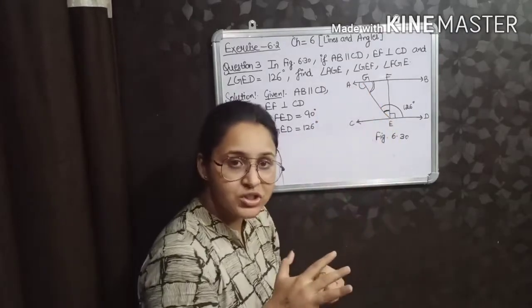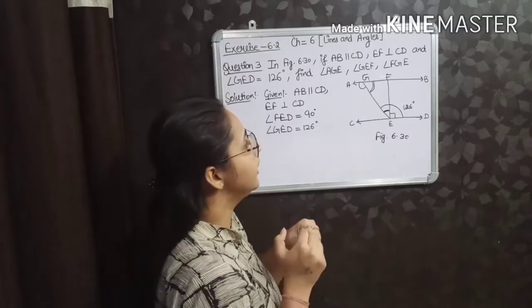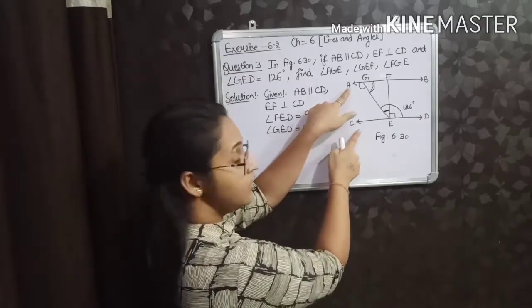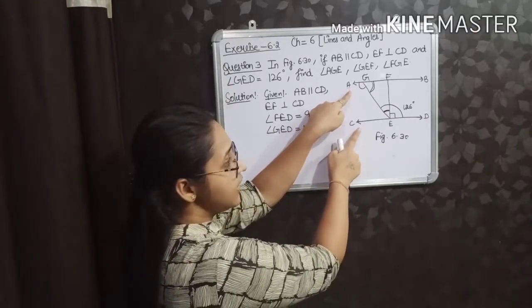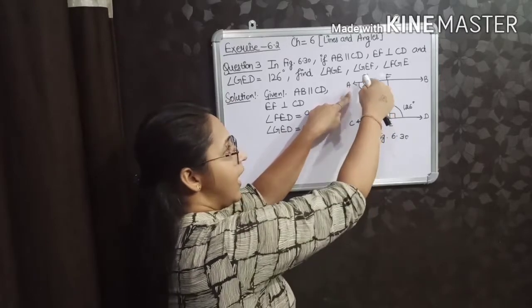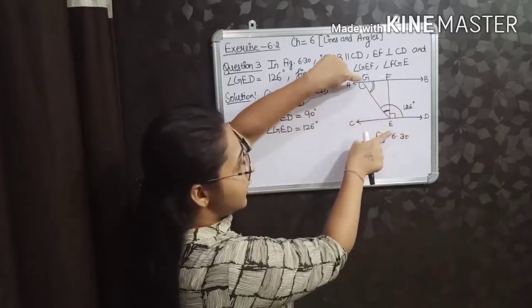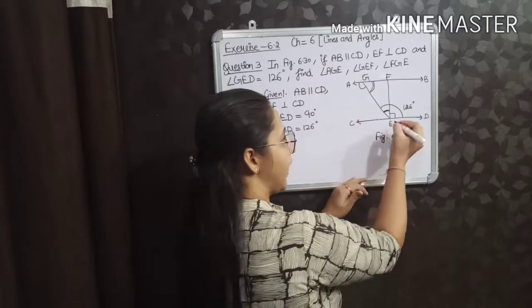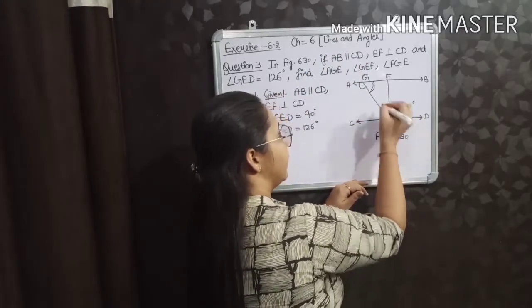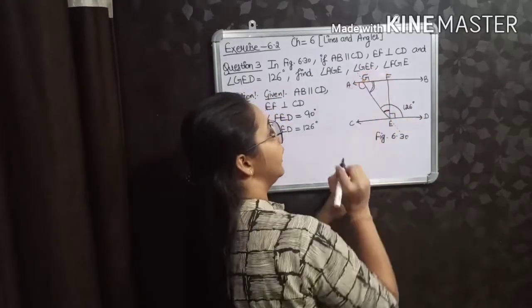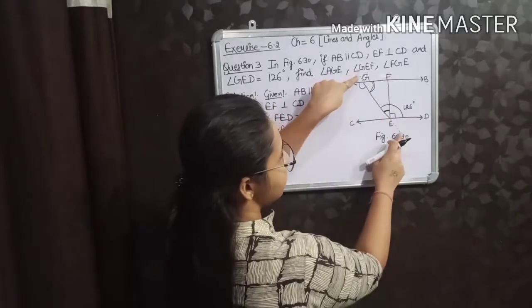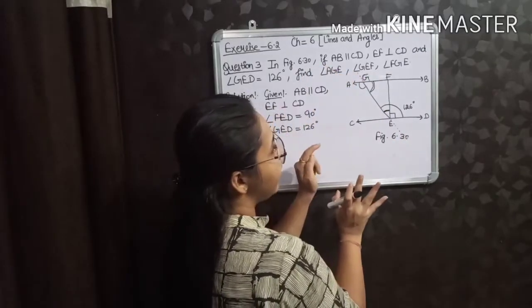Now see very carefully. These two lines are parallel. AB and CD are parallel. It is given. And this GE is a transversal line. Now this is a transversal line and these two lines are parallel.